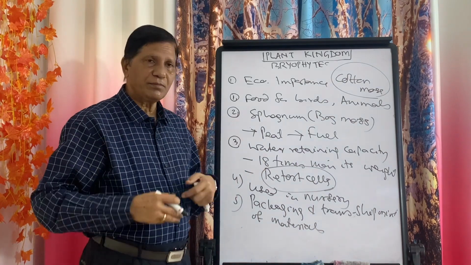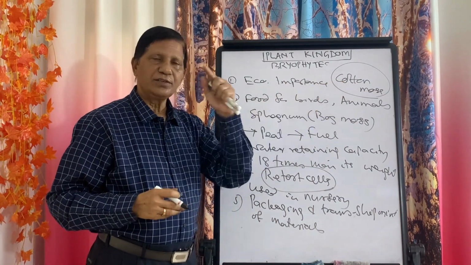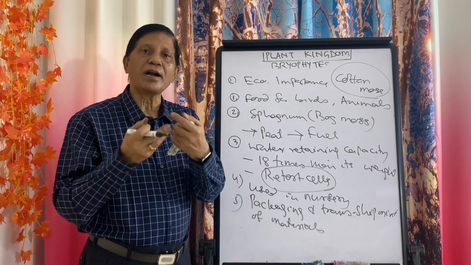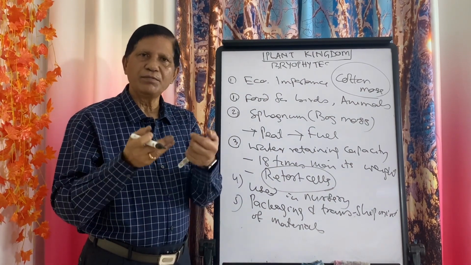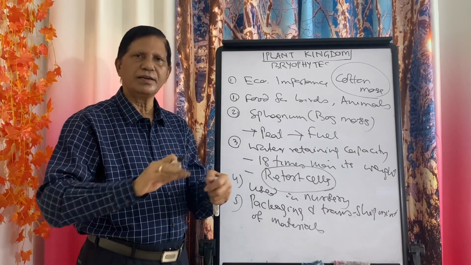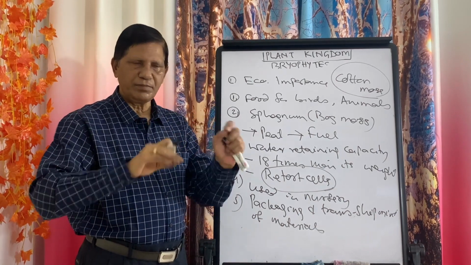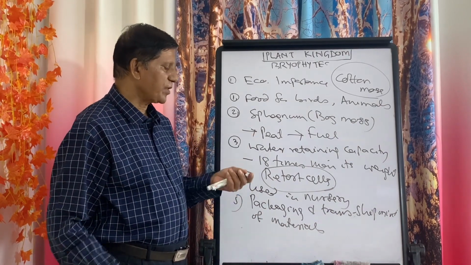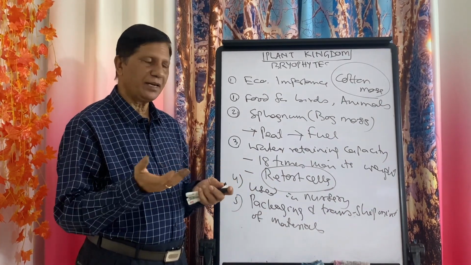Just like cotton, it has antiseptic property, but it also has water retaining capacity. So it will give more comfort when a bandage is done. So these are some of the important economic importance.